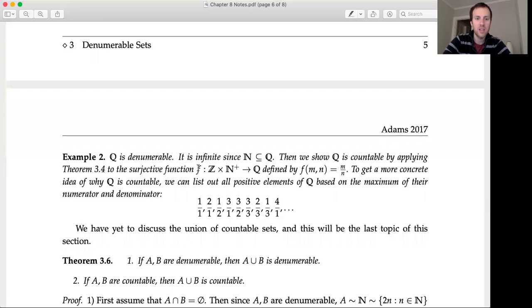So we can define a function from integers times positive naturals to the rationals, which is saying, given two numbers, form the fraction out of them. This is onto because given any fraction, we can find some pair, which is what makes up the fraction. And so this example says we have some countable set. We have a surjection onto the rationals. So this set must also be countable.